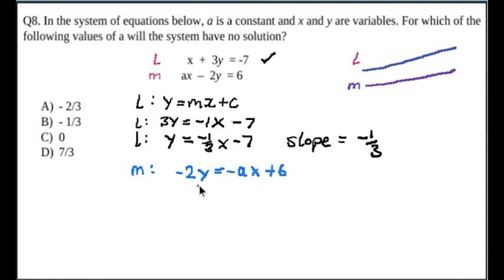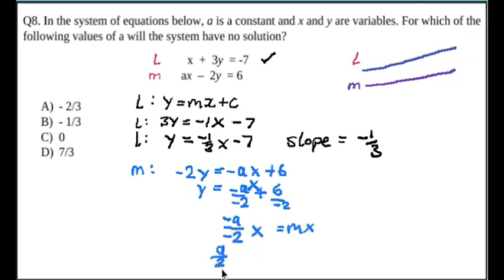Divide across by negative 2, and we will get minus a over minus 2 by x is equal to mx. So our slope is a over 2.